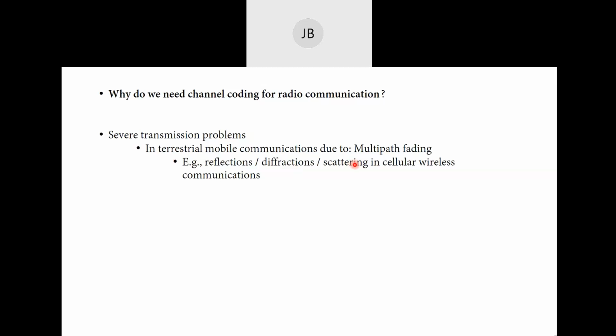So altogether, these are the combined effects of a larger phenomenon that is called multipath fading. Due to multipath fading, the transmitted information, when it reaches the receiver, may have its overall signal strength reduced.